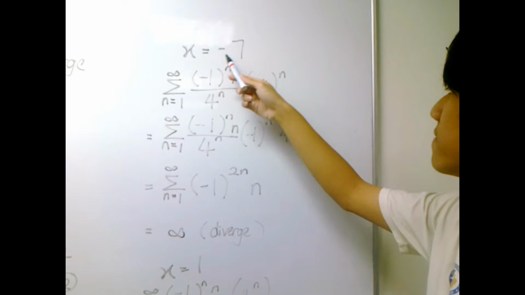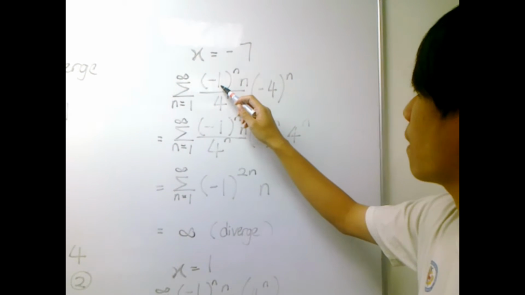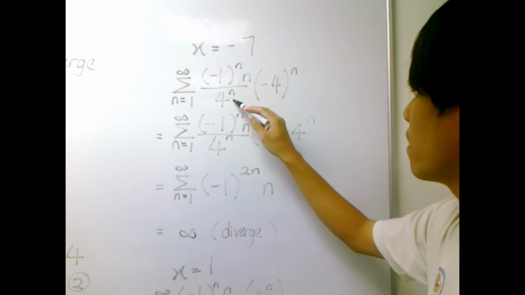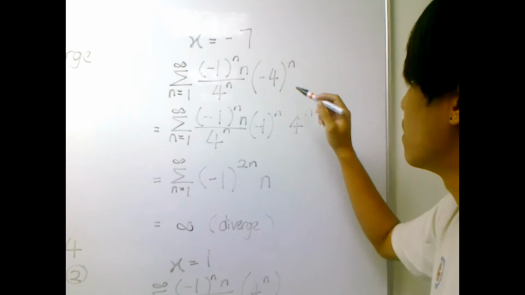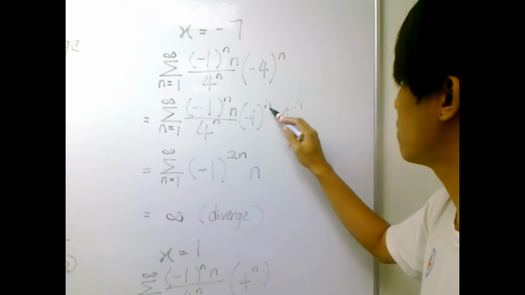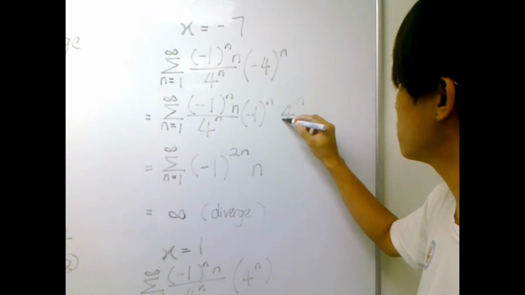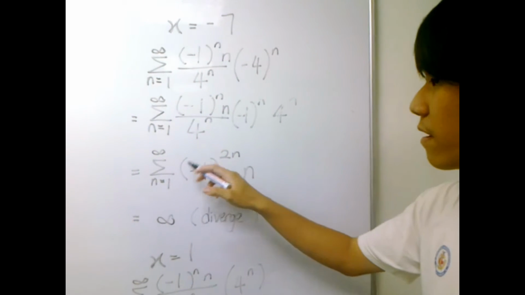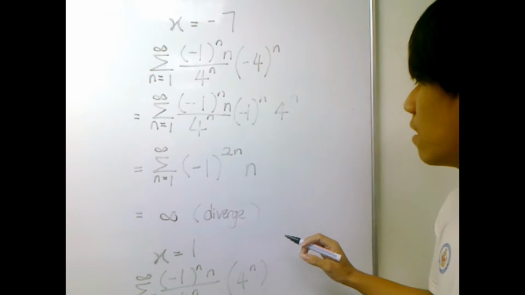When x equals negative 7, the series will be negative 1 to the power of n times n over 4 to the power of n multiplied by negative 4 to the power of n. And we can split this up into negative 1 to the power of n times 4 to the power of n, and we can cut this 4 to the power of n. And therefore we'll have negative 1 to the power of 2n times n.